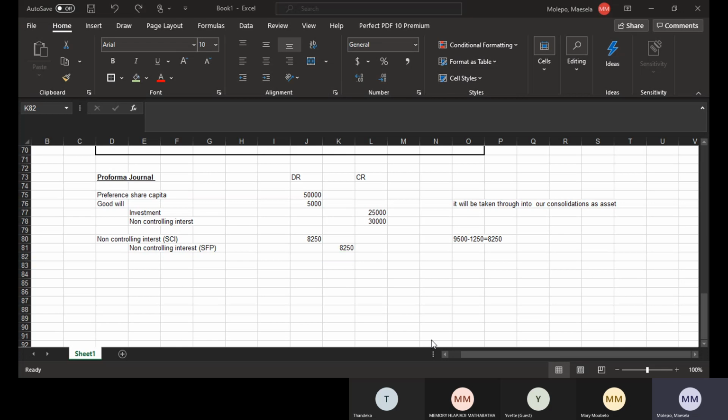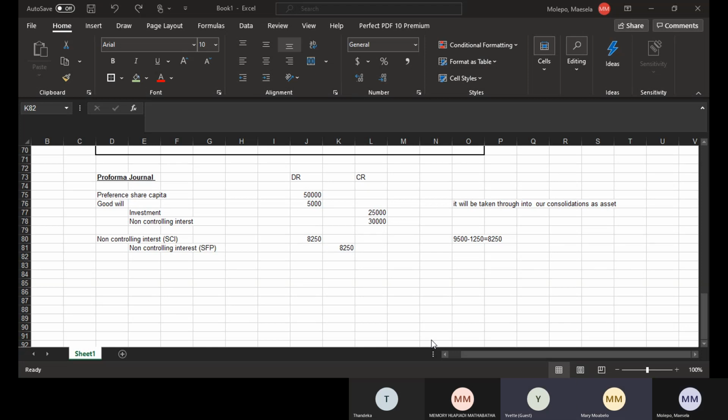Is it making sense, especially when there are preference shareholders involved? Okay, because I want you to understand the difference between the information on page 195 versus the current page that we are doing, pages 208 and 210. Are you following?